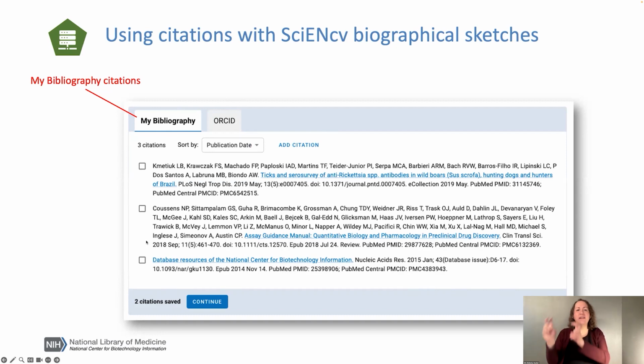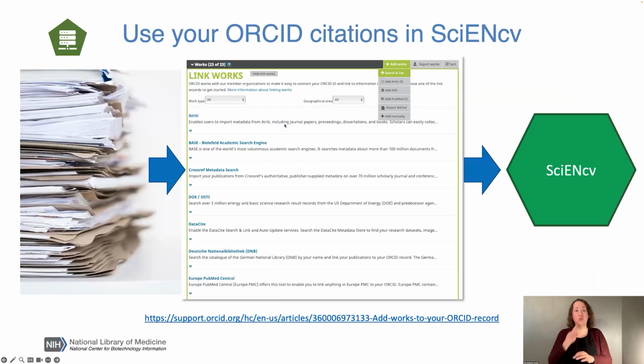You're able to add them to your biographical sketch. If you've linked your account to ORCID, you'll have a second option where you can use your ORCID citations. So all the citations that are in ORCID, you're able to pick and choose from either of these tabs and add citations, some from my bibliography and some from ORCID. It's up to you.